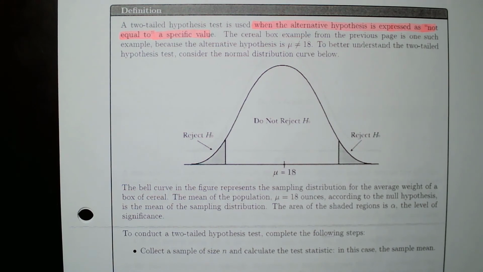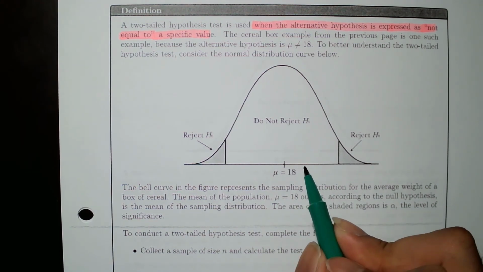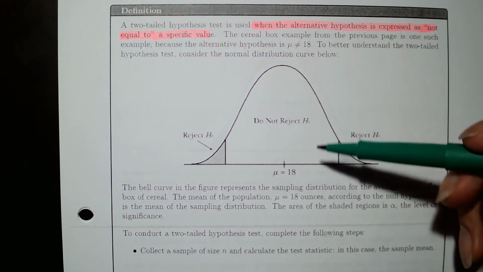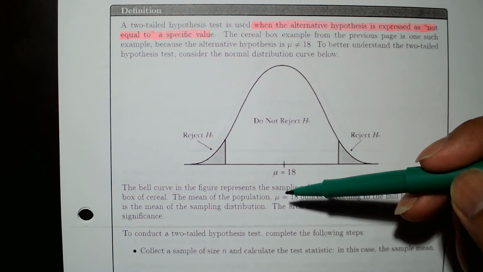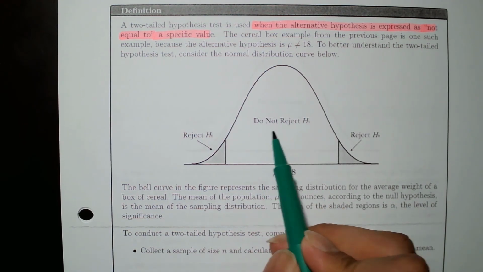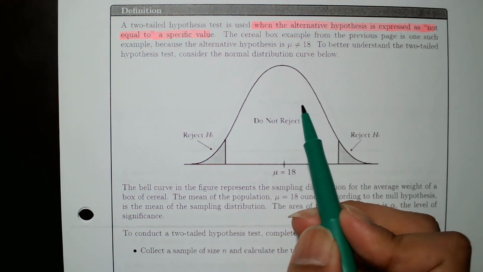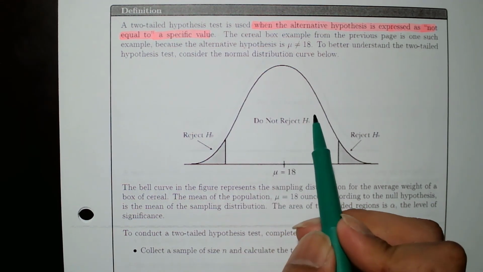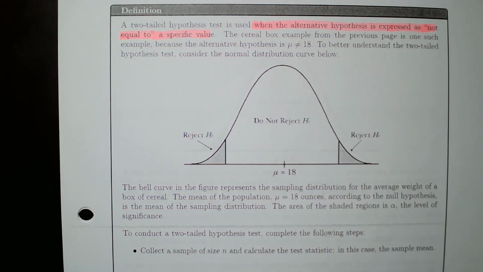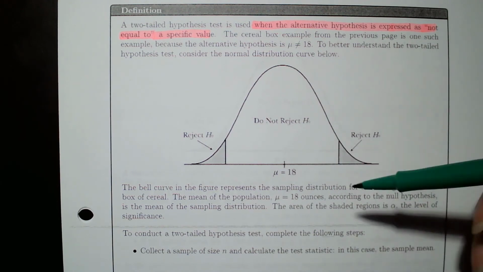So we are going to gather some evidence. We are going to convert that to a z-score. If our statistical data falls in the non-shaded region, then we do not reject the null hypothesis, which means that we do not have enough evidence to support our claim.